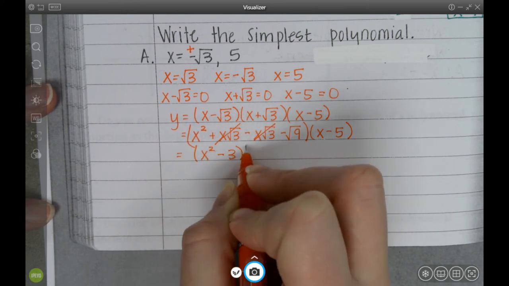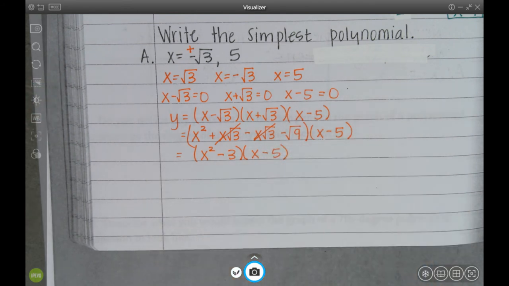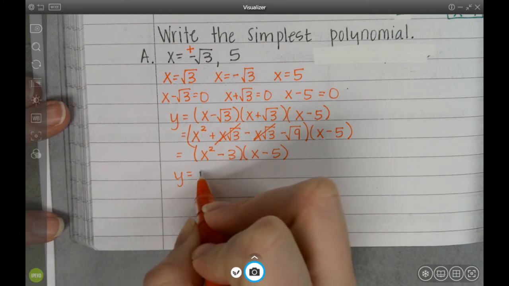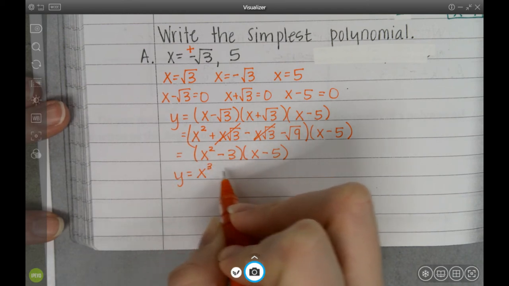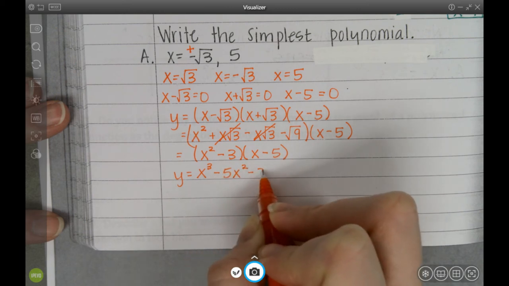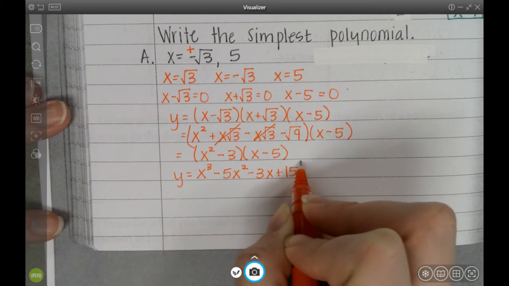So this is x squared minus 3 times x minus 5. You get x cubed minus 5x squared minus 3x plus 15.